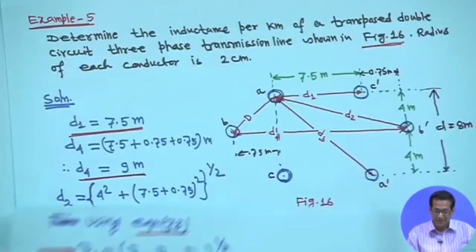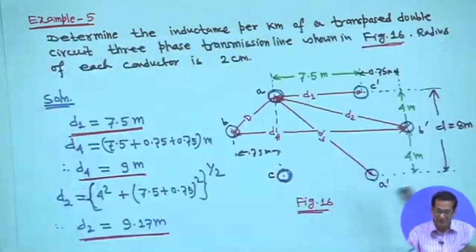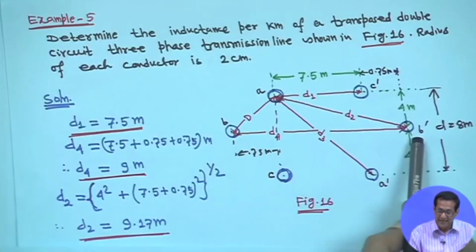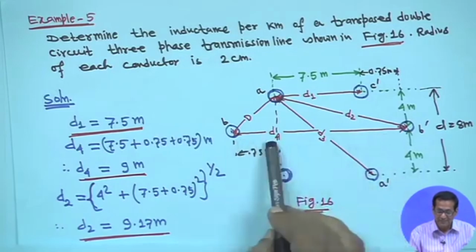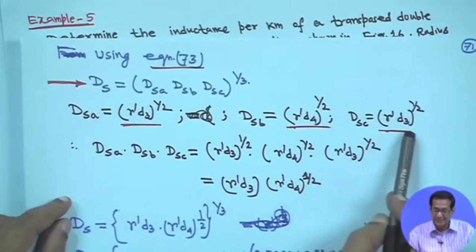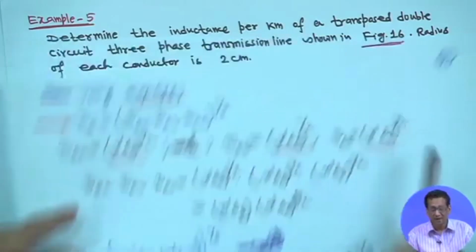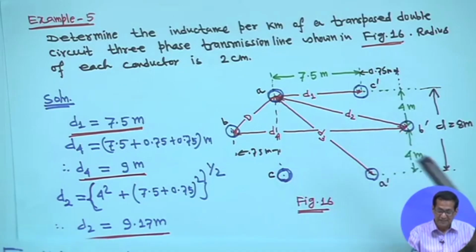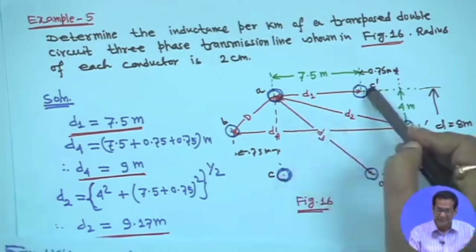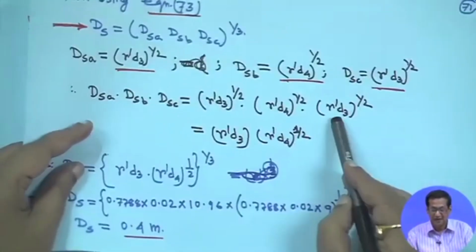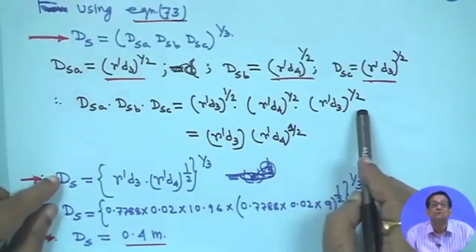Similarly for D_SB, that is phase B, it will be R dash D4, because B to B dash distance is D4. So, it is (R dash D4)^(1/2). Similarly, D_SC will be (R dash D3)^(1/2), since C to C dash, same distance as A to A dash by symmetry, D3.